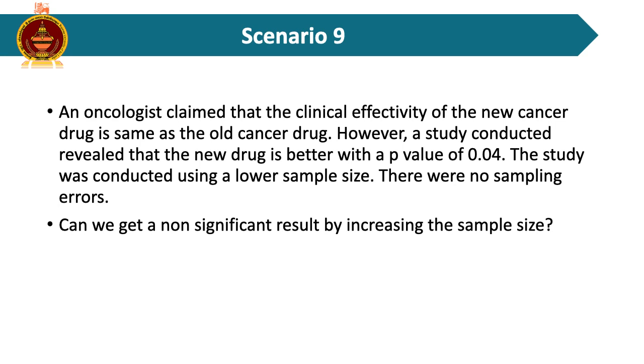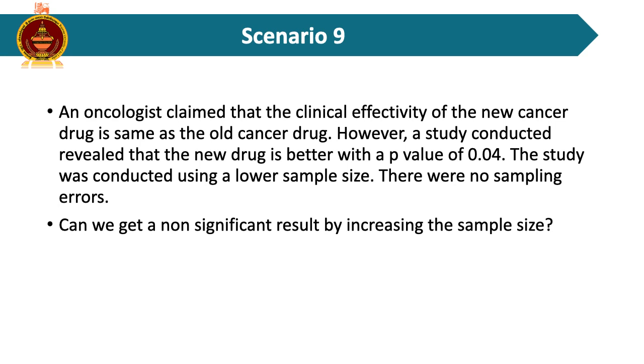Can we get a non-significant result by increasing the sample size? In this example, the oncologist or the treating physician experienced that the new drug is almost the same as the old drug. However, the study revealed that the new drug is better. Still, there's no clinical effectivity.